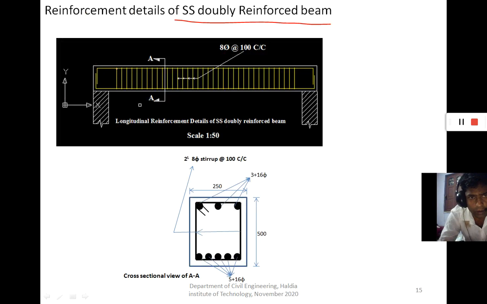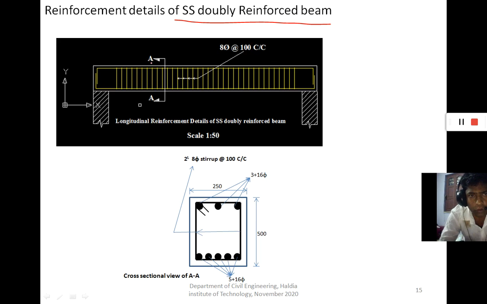So that's why the diameter of the stirrup will come on the longitudinal view. So it's 8 mm.